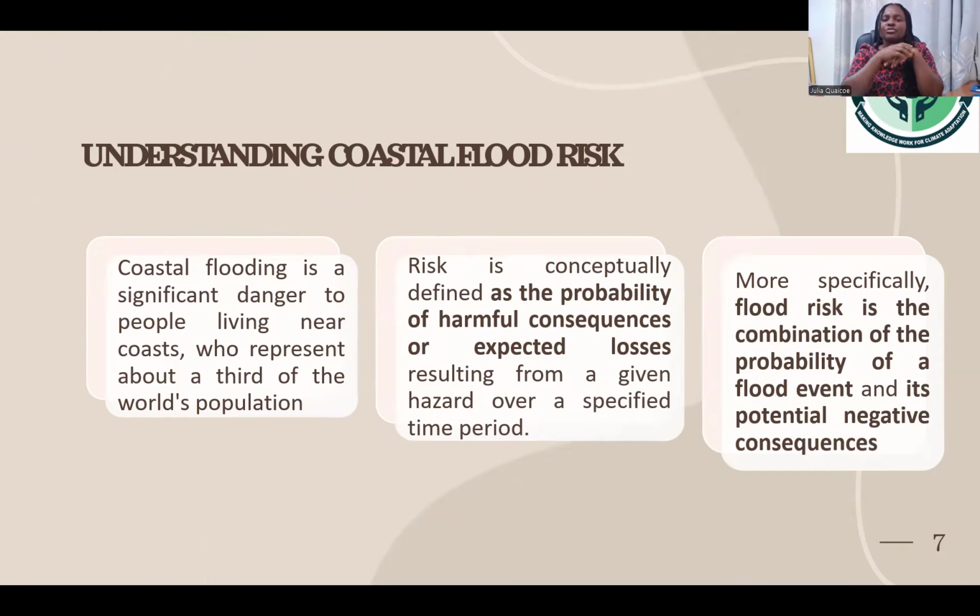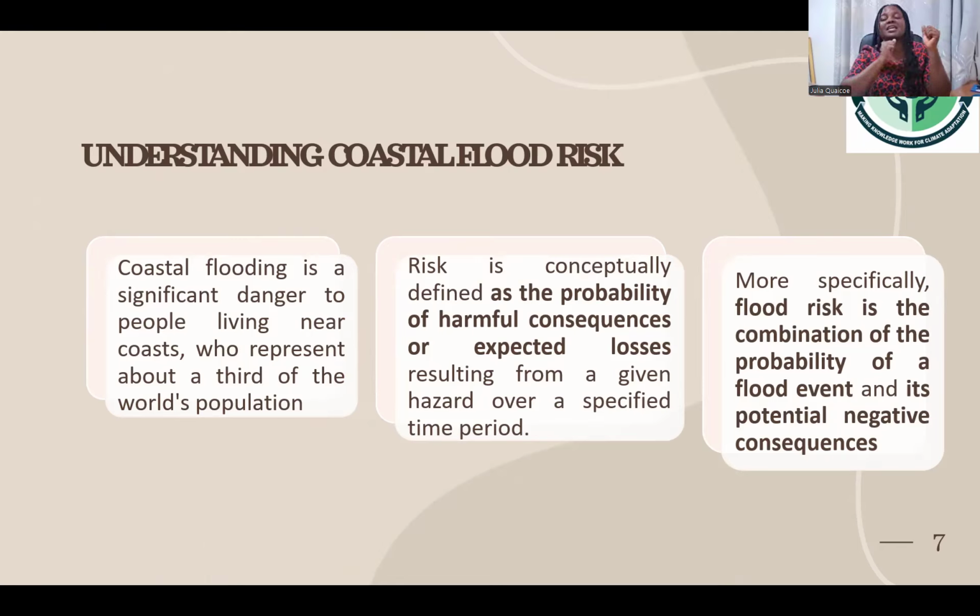And so, in trying to understand coastal flood risk, one has to be able to conceptualize that risk simply talks about the probability of harmful consequences or the probability of expected losses resulting from a given hazard over a particular time.